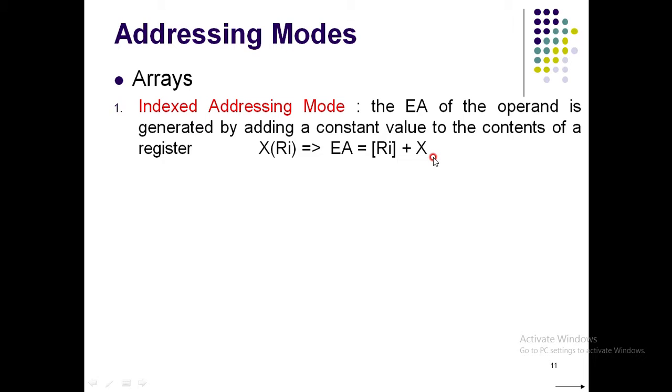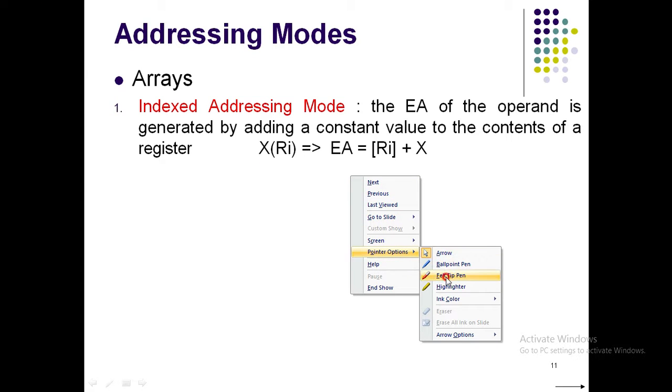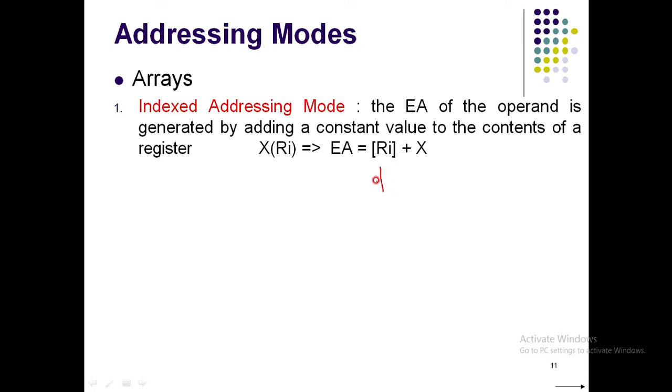Remember, friends, this Ri is called an index register. Whatever Ri you can see here is called an index register, which is very much essential for array addressing modes.